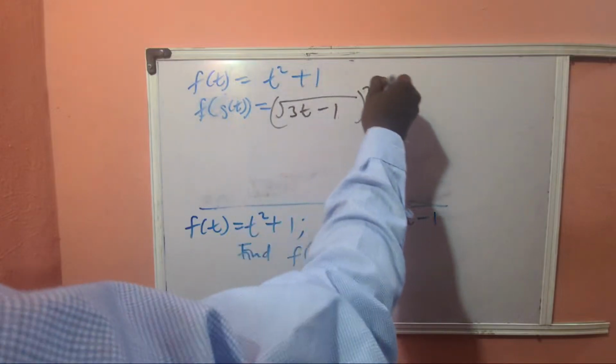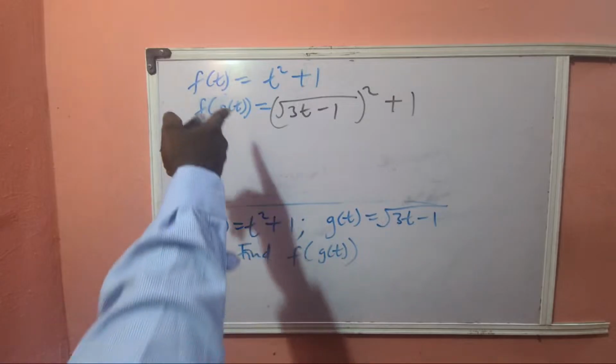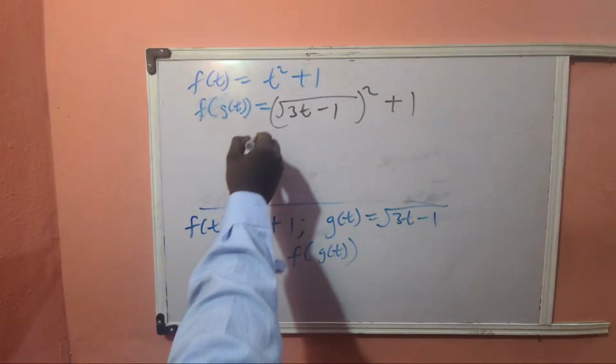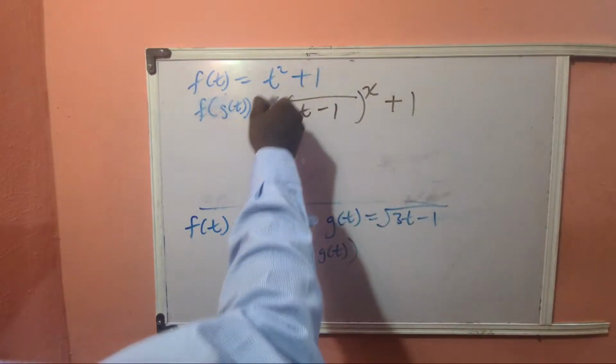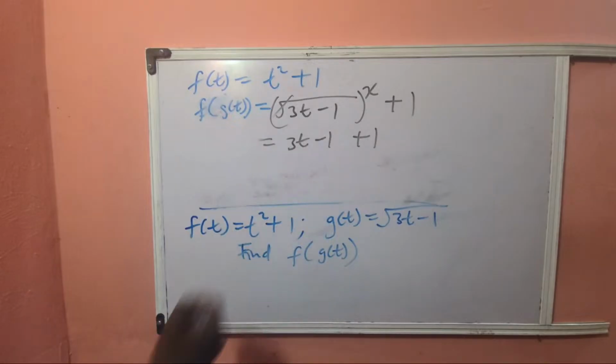Of course, I'll be squaring this plus 1. This is the function fg of t. This will cancel this, I'll be left with 3t minus 1 plus 1. And this gives me a value of what? 3t.